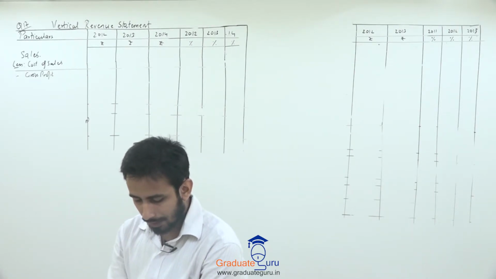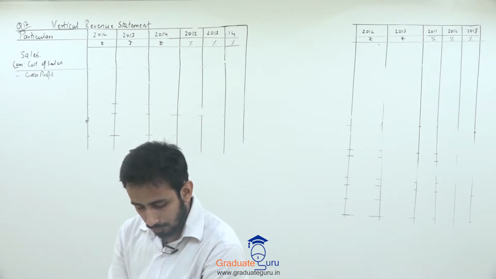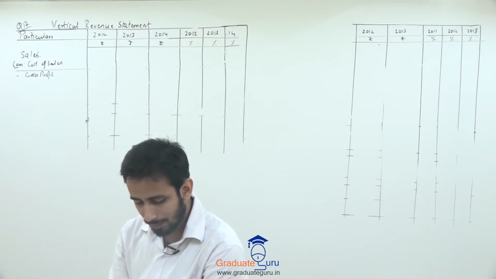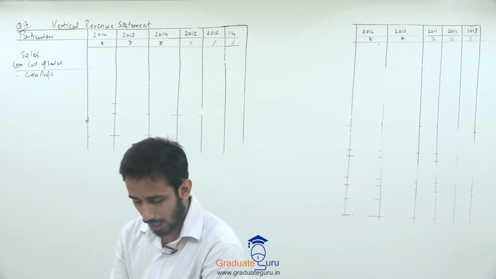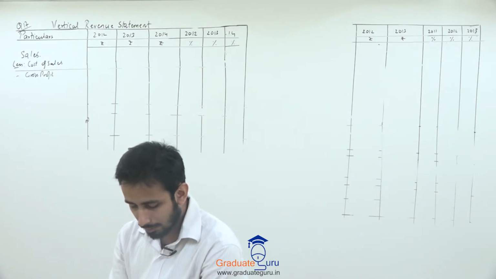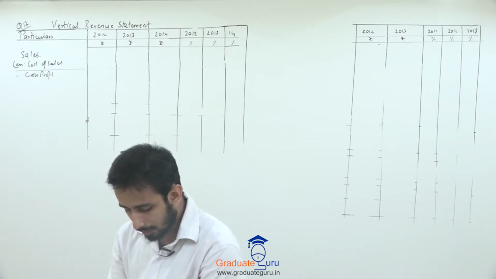Prepare the trend revenue statement in the vertical form suitable, taking 31st March 11 as the base year. Okay, वैसे भी we take the very first year as the base year for the analysis and comment on the administrative expenses and the non-operating income. So we need to give a comment on admin expense and non-operating income. ठीक है, we'll give a comment.